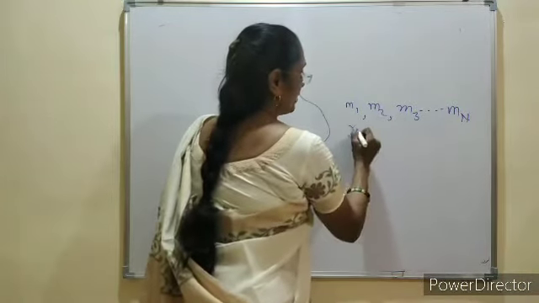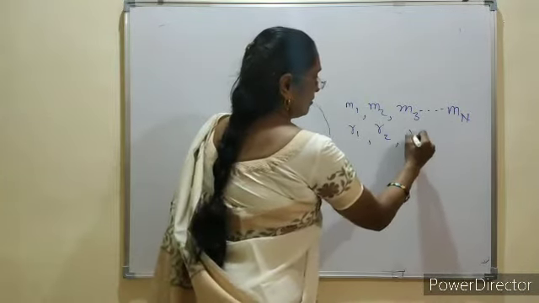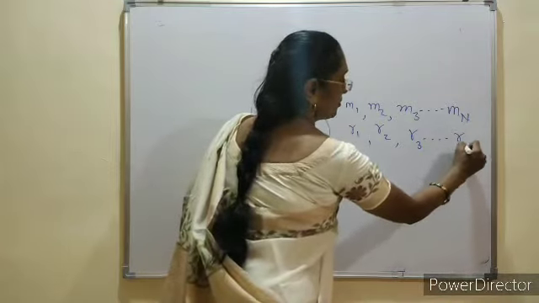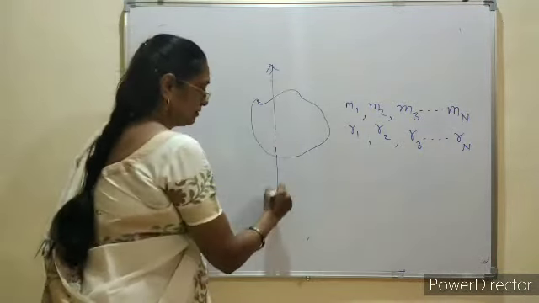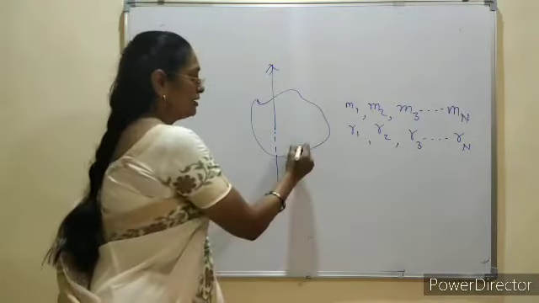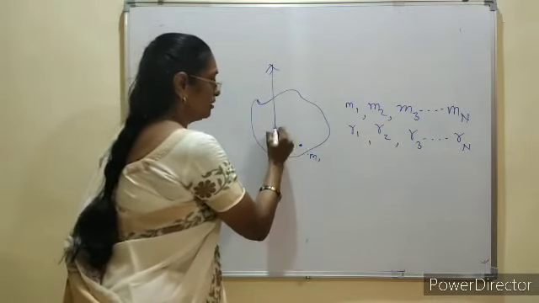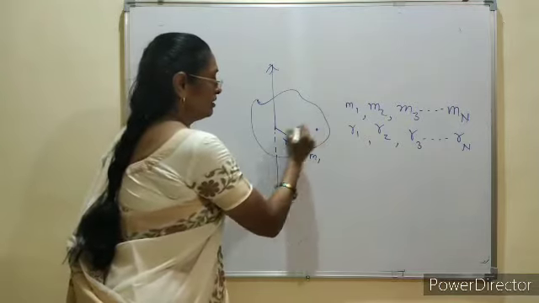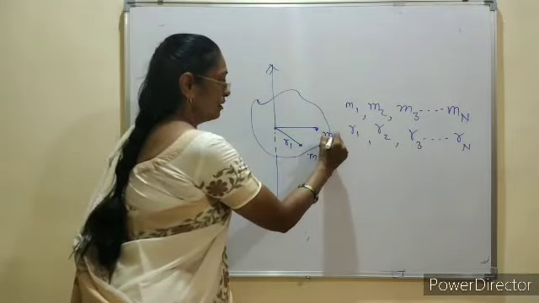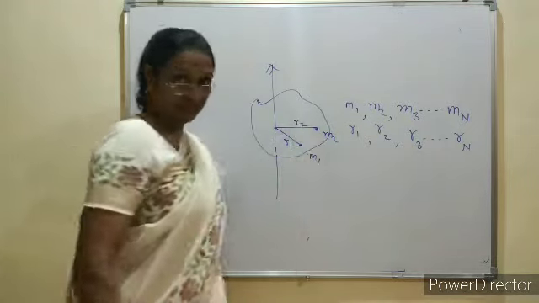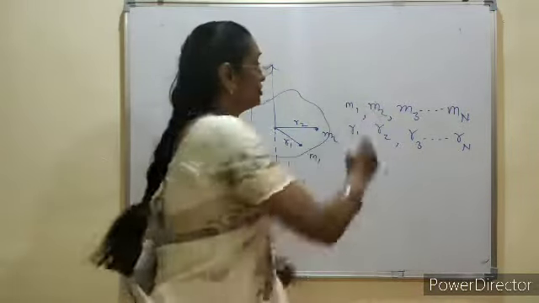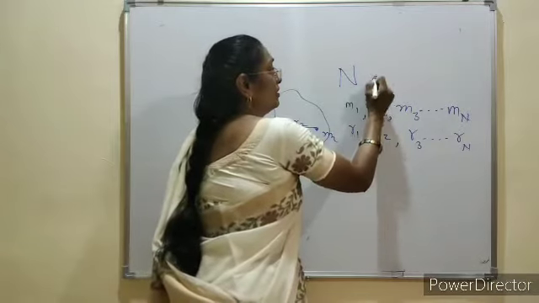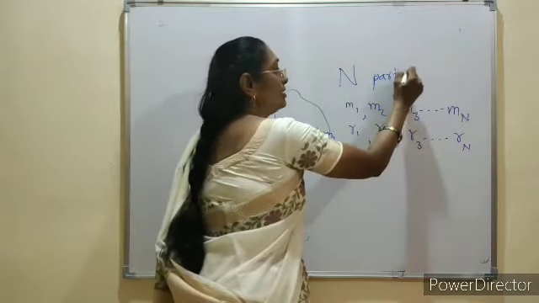They are situated at perpendicular distances from the axis of rotation. Like we have shown, m1 is situated at distance r1, r2 and so on. We have taken such a description: there are n particles.